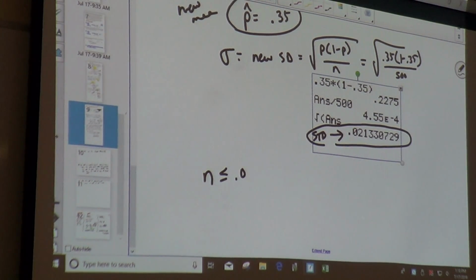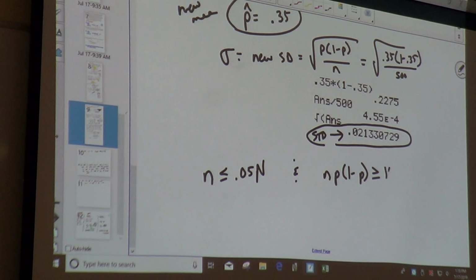Is it 0.5 or 0.05? 0.05. And the second test is np and n(1 minus p) are both greater than or equal to 10. So what is my n? 500. Is 500 less than or equal to 0.05 times big N?